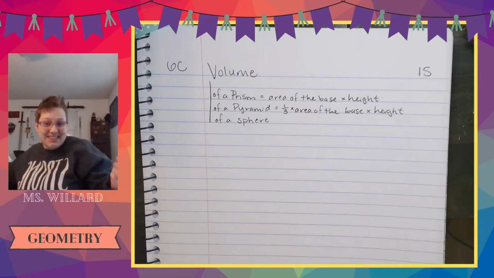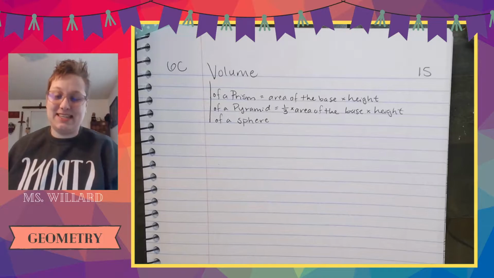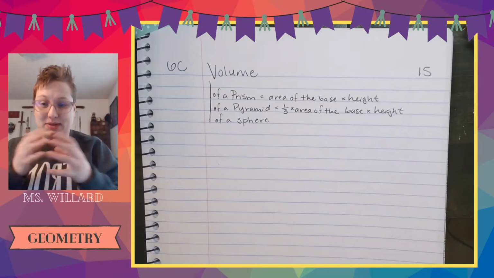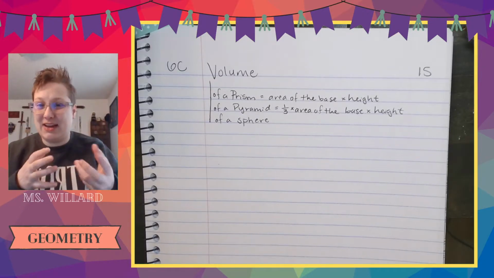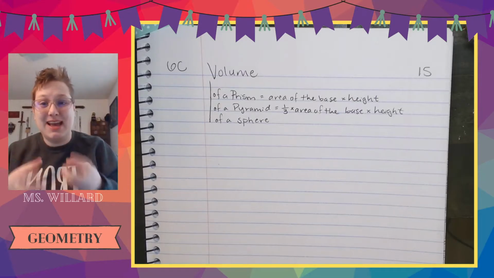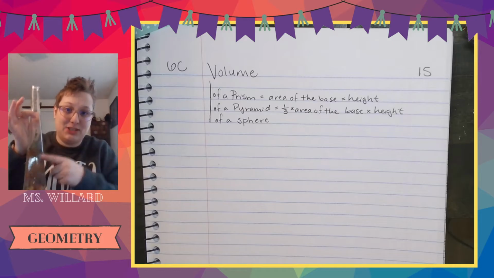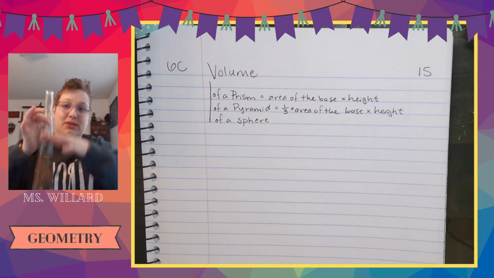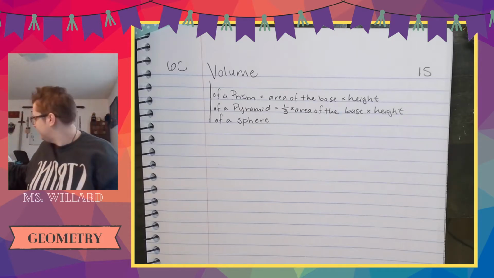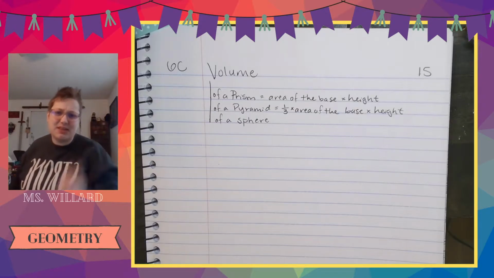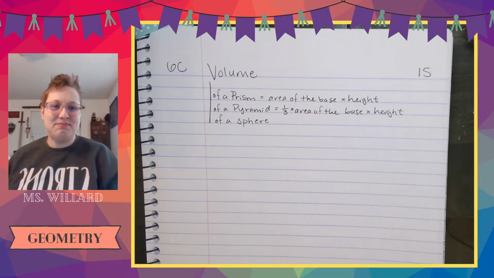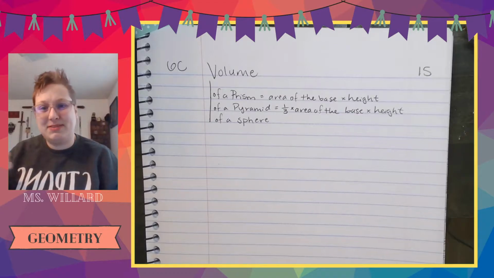In class, I have these 3D shapes that can hold sand or water, and you can count how many times. It would take 3 of these to fill up the matching triangular prism. 3 of them, which I think is crazy because I always thought it was half, but it's a third. Okay, and then the other thing is spheres.